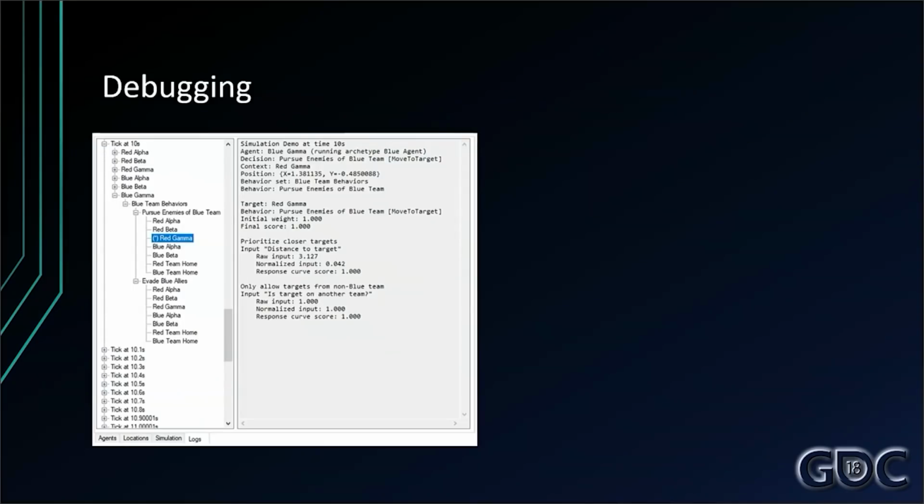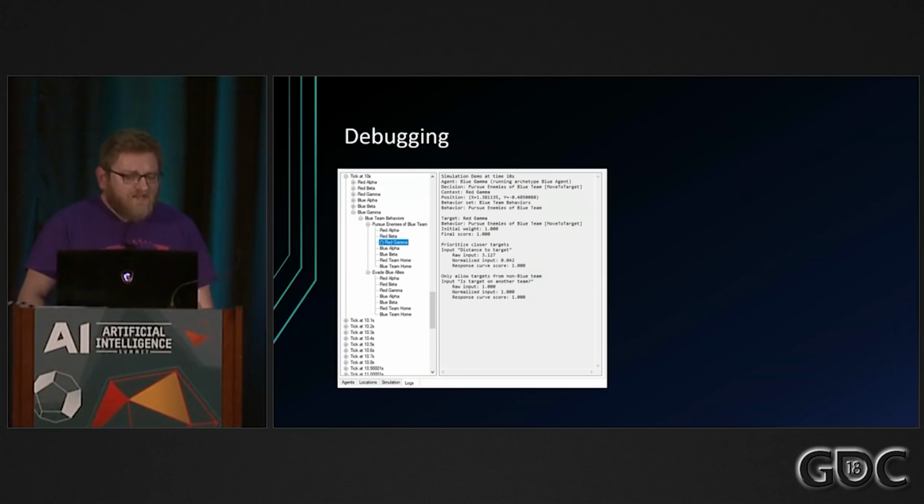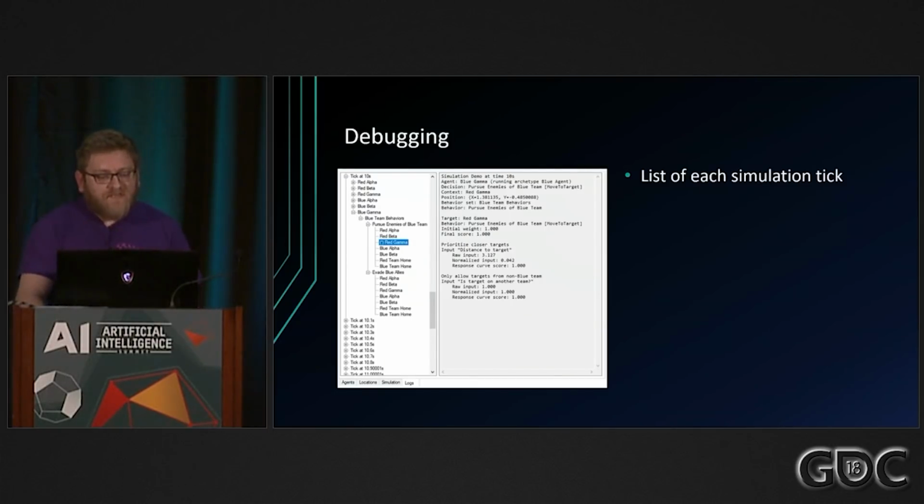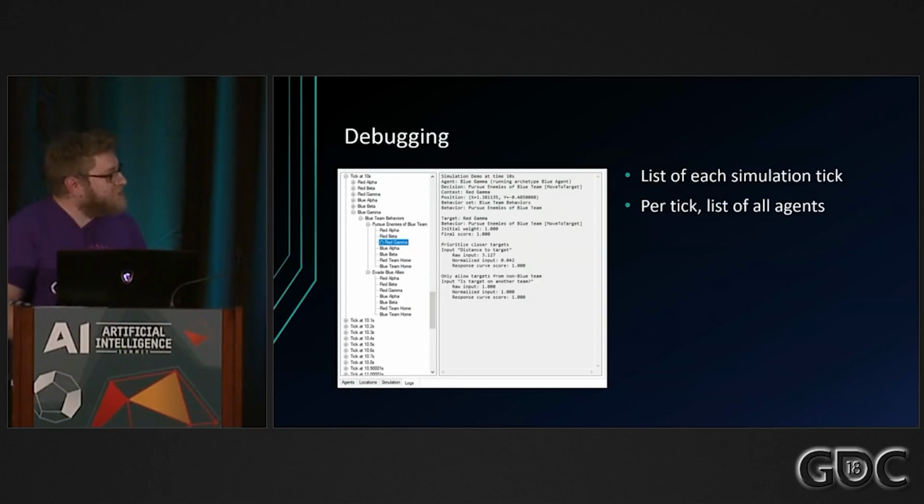The debug logs themselves are a little more on the programmer-friendly side than the designer-friendly side at the moment, but this is something that is ripe for exploration, I think. Down the left side is a tree. The tree contains a list of every tick that has occurred in the simulation. Underneath each tick, there's a list of every agent that did a thinking operation in that tick.